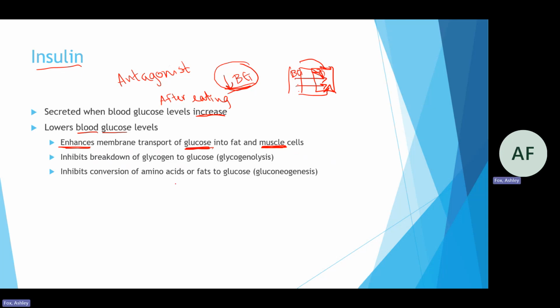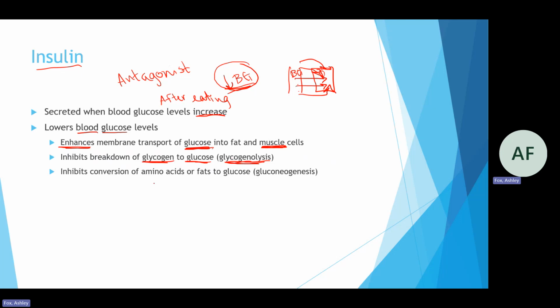It's also going to stop the breakdown of glycogen to glucose because we don't need more blood glucose, we're trying to decrease it. So it's going to inhibit glycogenolysis, which is antagonizing what happens with glucagon, the complete opposite.